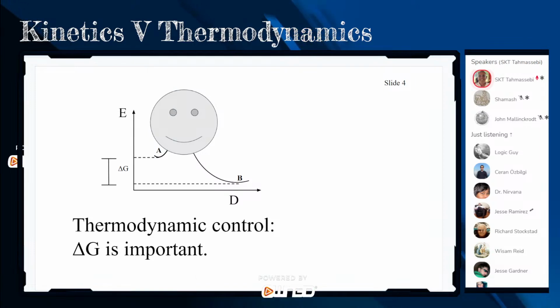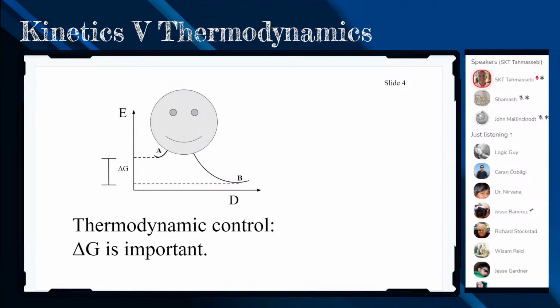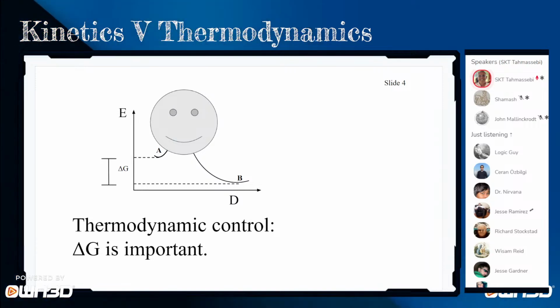No. Hold on one second. You're not necessarily at equilibrium, because if the delta G is too large and there is no reverse reaction to speak of, then you're not at equilibrium.